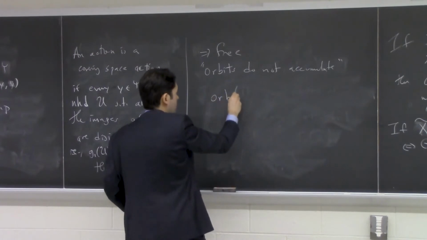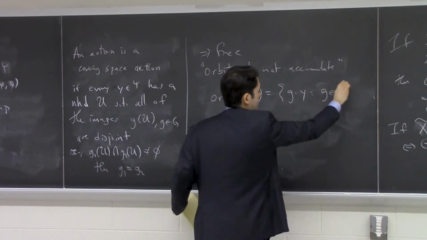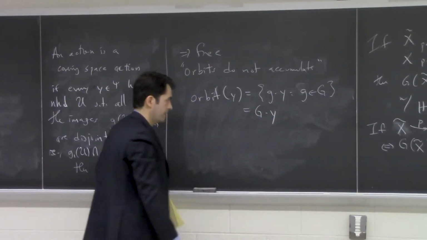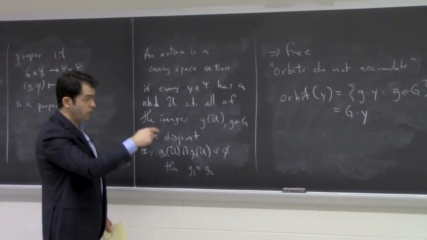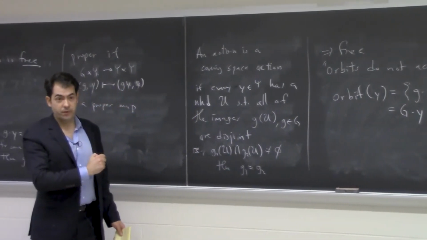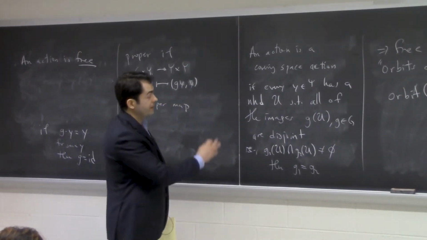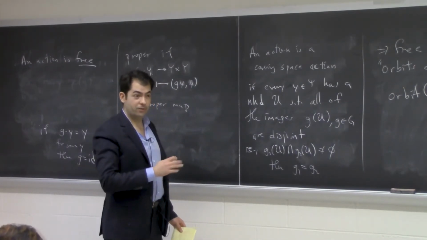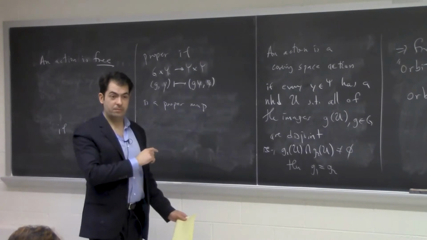Of course, the orbit of y is just the images, what you would denote like that. So the orbit is the image of y under the action, and this tells you that the orbits do not accumulate. In other textbooks, what the actions you care about are called is a terrible name: properly discontinuous.